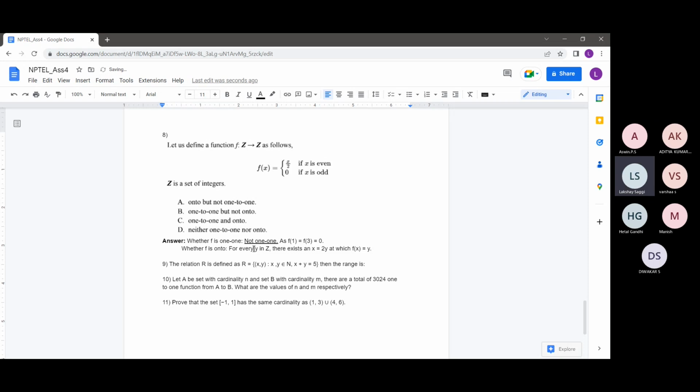Do you see why this is the case? Because 2y will be an integer and it will be even. So this x would be even, so it would take the value x by 2, which is 2y by 2, and this comes out to be y itself.